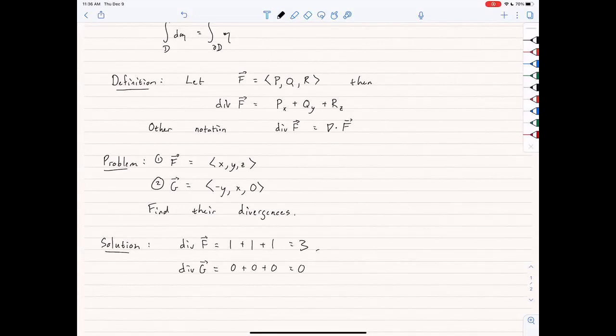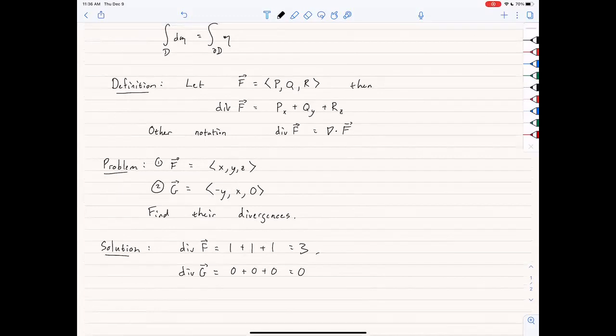So if you have a vector field, let me draw the two-dimensional version of these two vector fields. So F looks like this. It's pointing outward from the origin. And as we get farther from the origin, our vectors get longer, right?